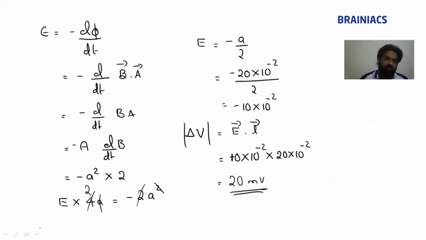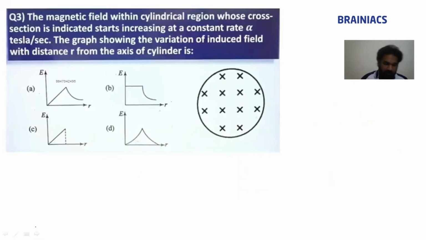Okay, so this is one question. Shall we move to the next problem? Yes. So the next question: the magnetic field within a cylindrical region whose cross section is indicated starts increasing at a constant rate alpha Tesla per second. Magnetic field is increasing.